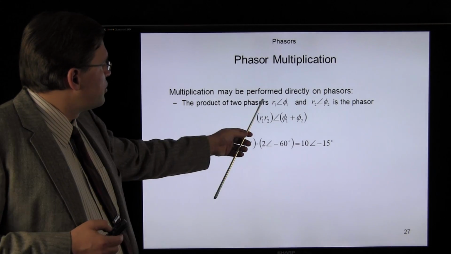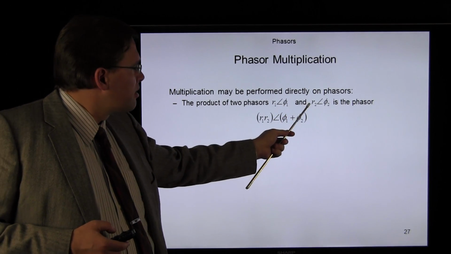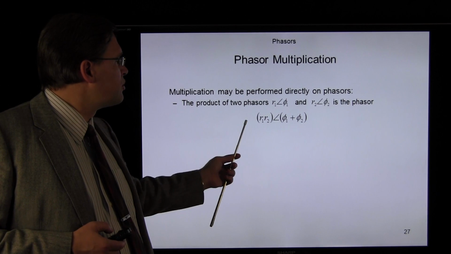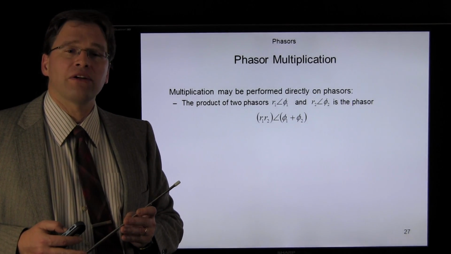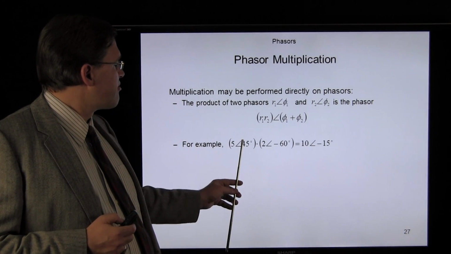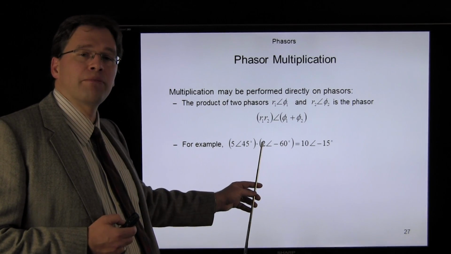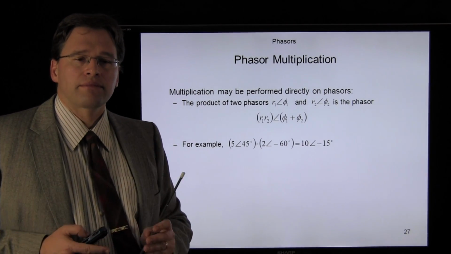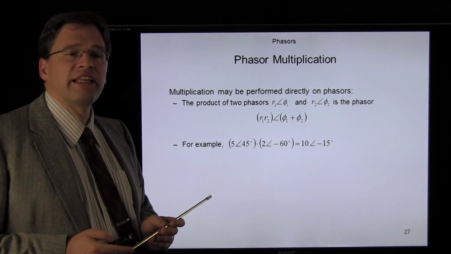If I want to take a product of two phasors, R1 phase phi1 and R2 phase phi2, I take the product of the magnitudes and I add the angles. So for example, 5 phase 45 times 2 phase negative 60: multiply the magnitudes, add the angles, and I get 10 phase negative 15.